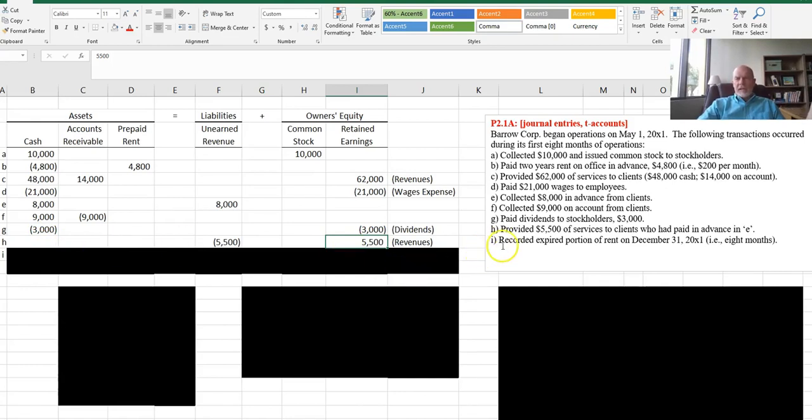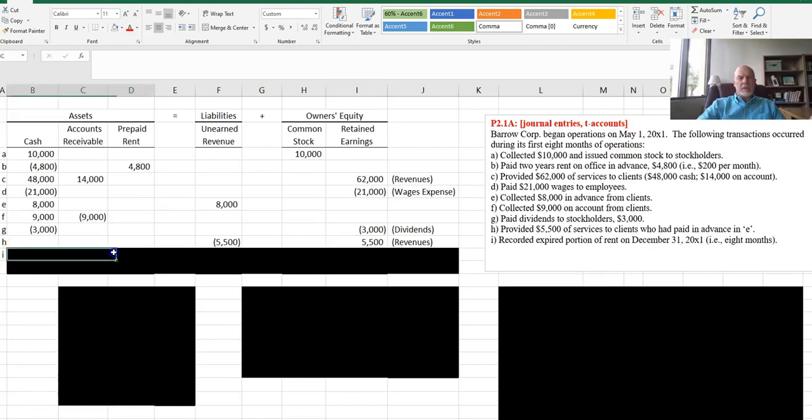And then finally, in I, it says we recorded the expired portion of rent as of the end of the year. So we paid this back at the beginning. We paid for 2 years in advance, and now 8 months has expired. So apparently we started May 1st.